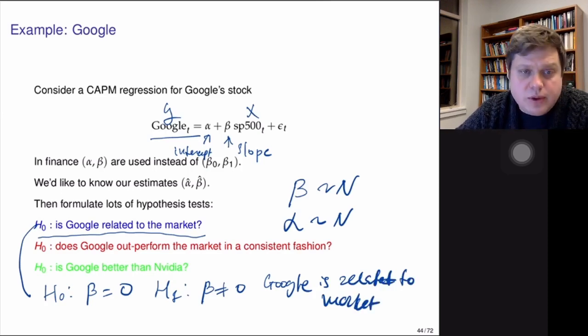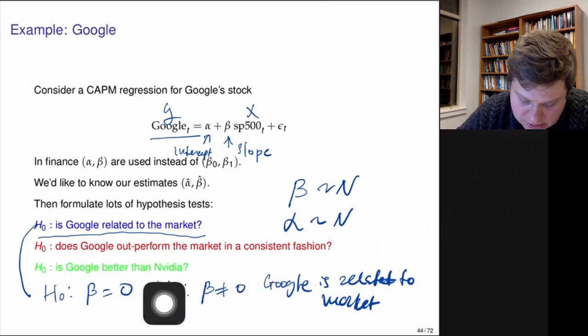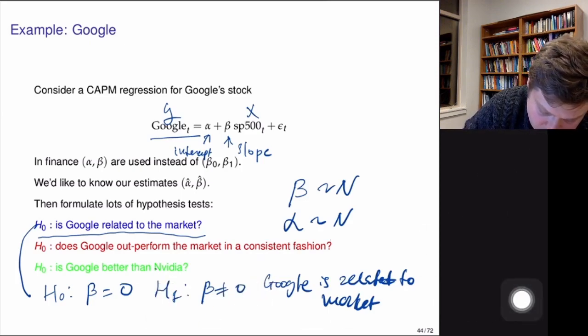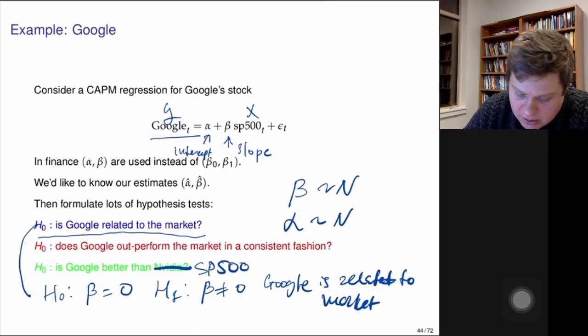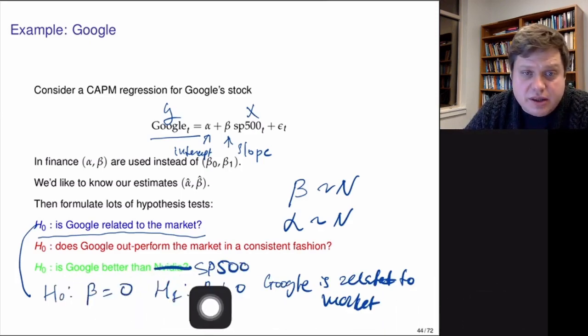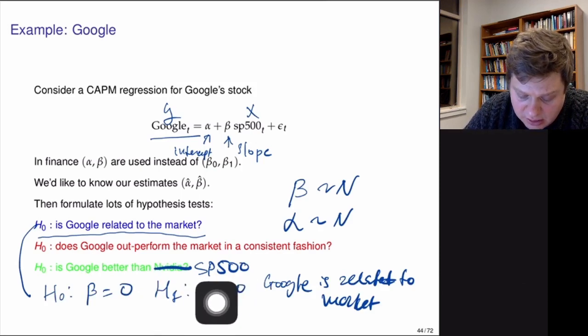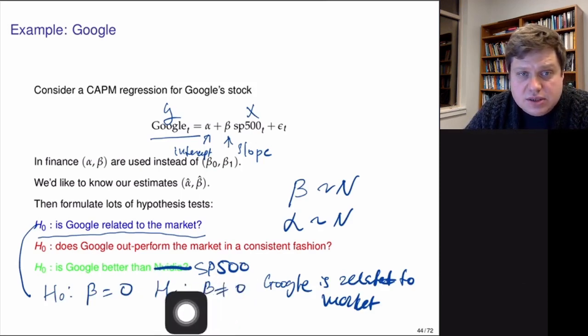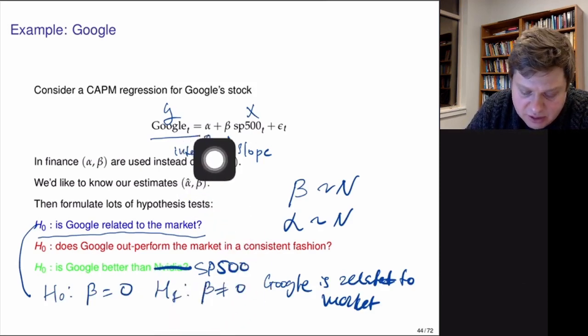And the next question is whether Google is better than the market. It shouldn't be Nvidia here. It should be the S&P 500. Okay, so the question is whether Google is better than the S&P 500, and the way we're going to test this hypothesis is by looking at alpha.